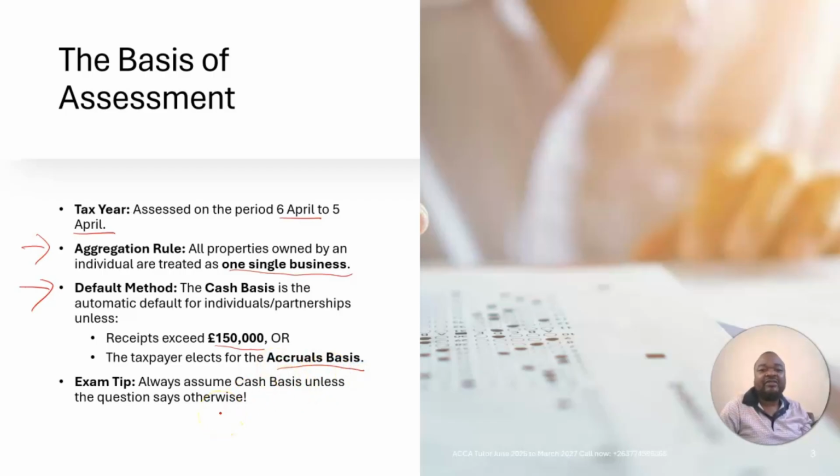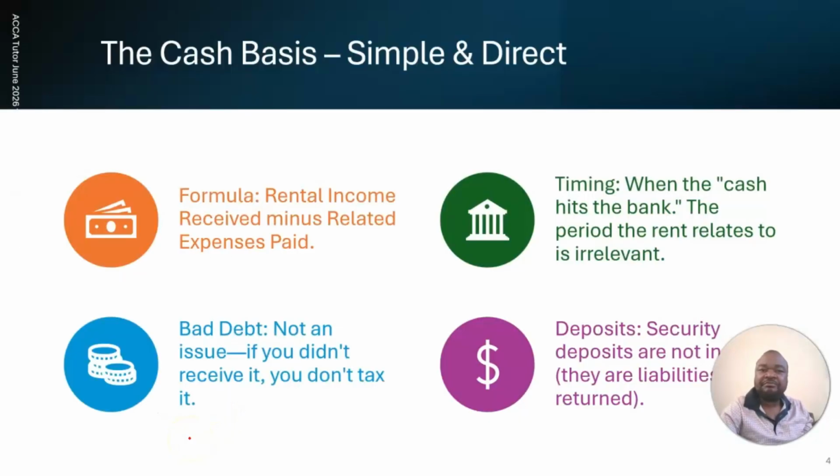All right, so if the receipts are less than 150,000, and even if the examiner did not tell you that this person is using the cash basis, you should assume the cash basis is the one to be used. So you need to adopt the cash basis. Always assume cash basis unless the question says otherwise. That's the exam trick.